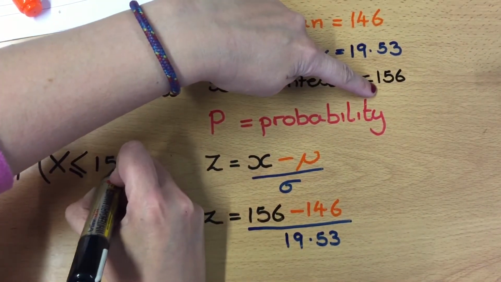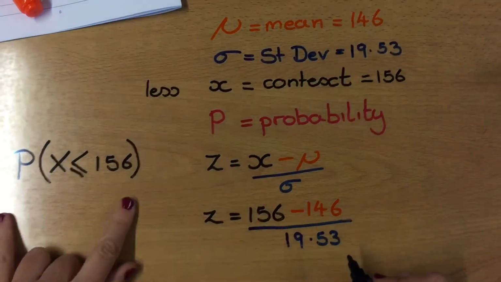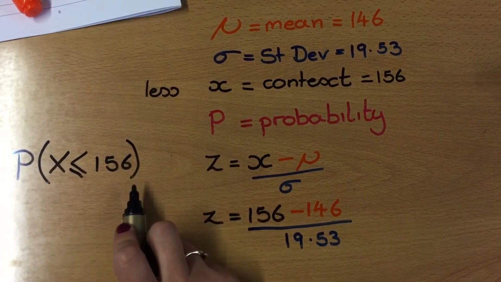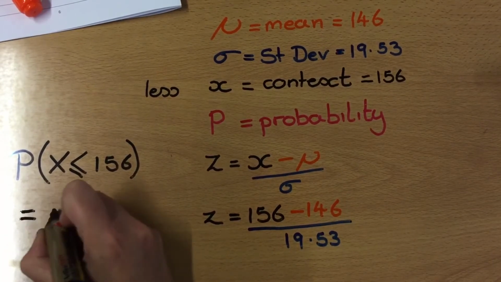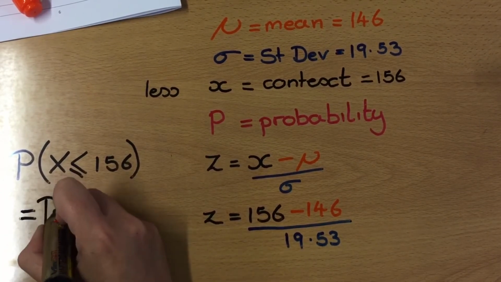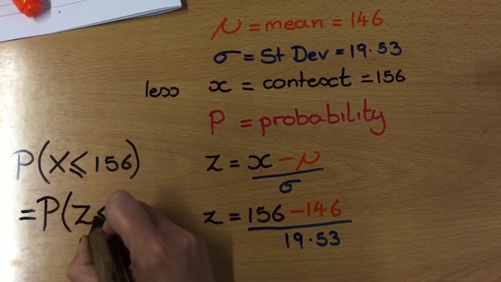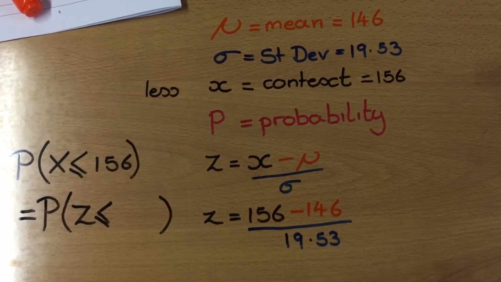That's the question. Now, this probability is going to be equal to the probability that Z is less than or equal to our value of little z.